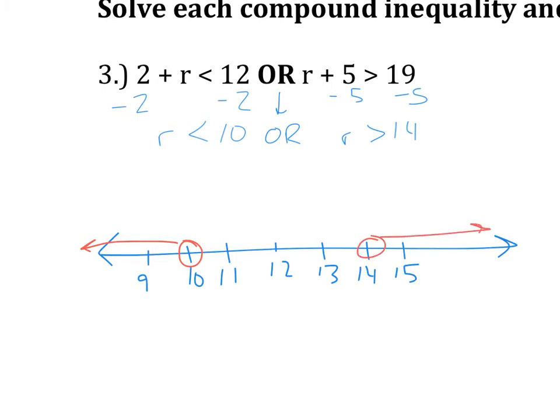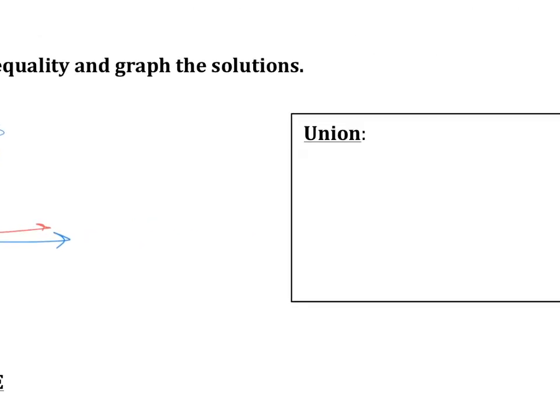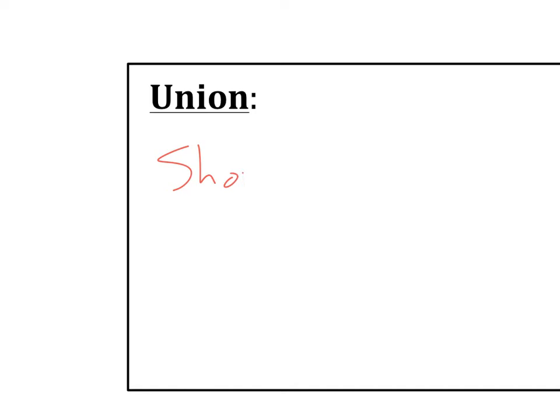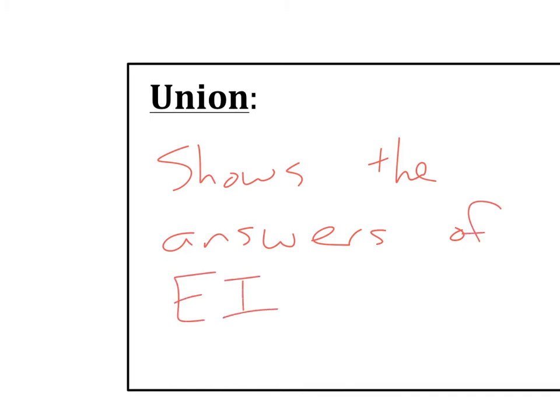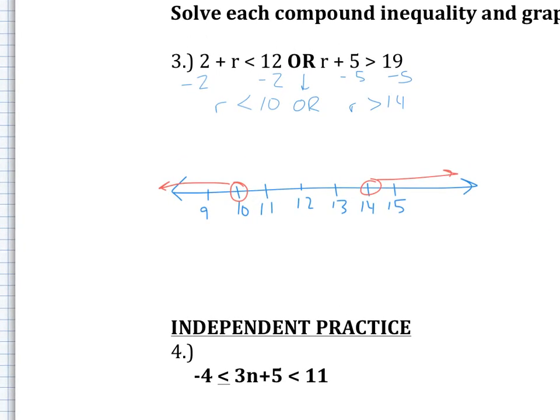Open dot that way. When it's a union like this, what that's showing is that the union shows the answers of either inequality. So the variable could either be less than 10 or more than 14. Okay?